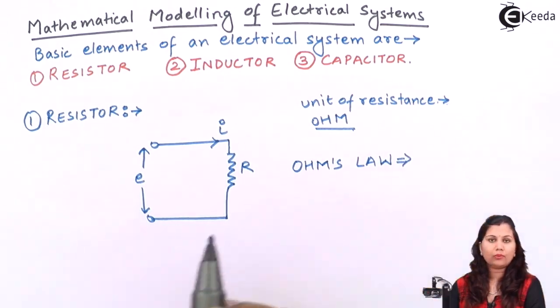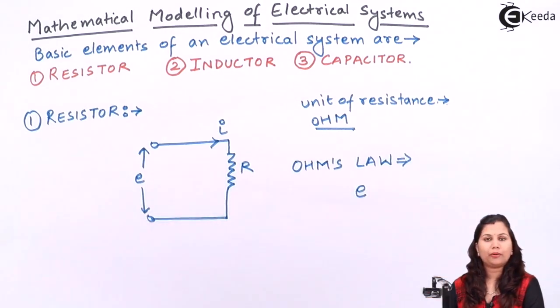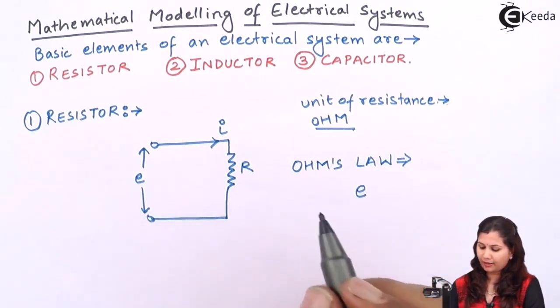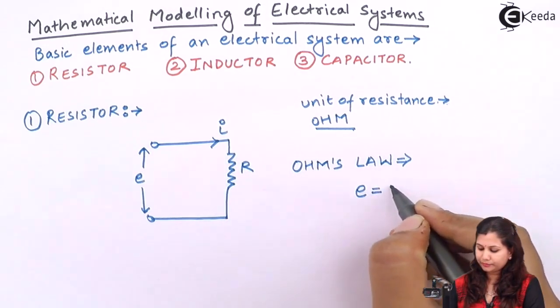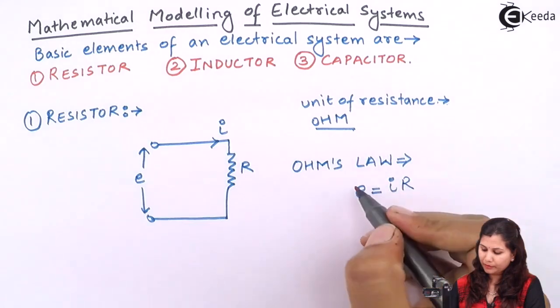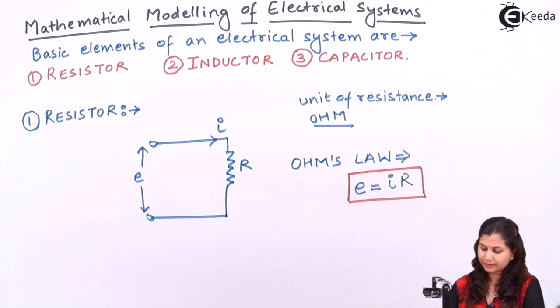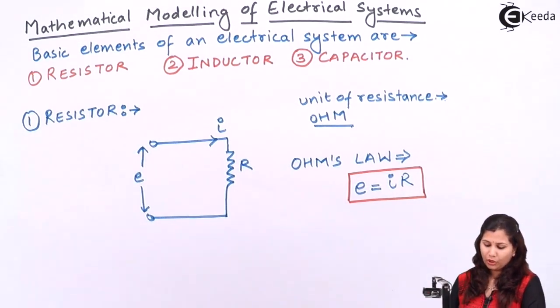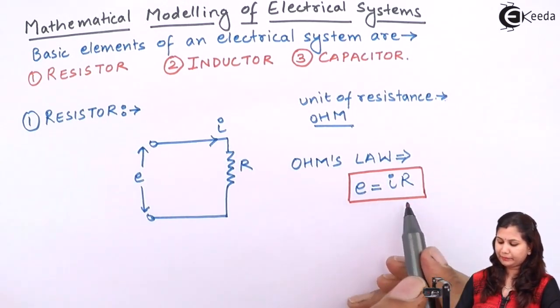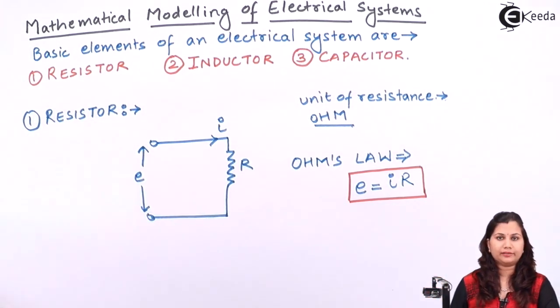According to Ohm's law, E, the voltage drop across the resistor R, is equal to I, the current, multiplied by the resistance R. So this is the mathematical expression defining the element resistor.